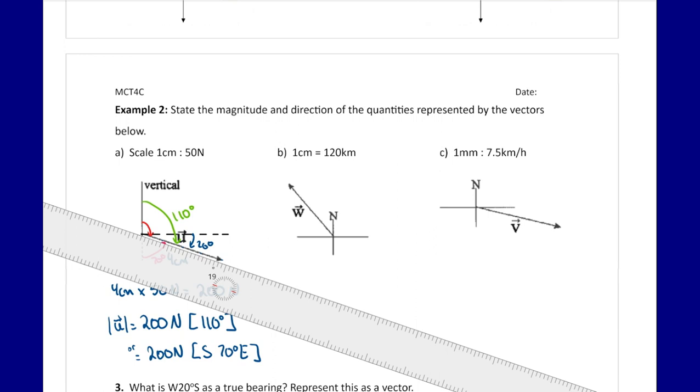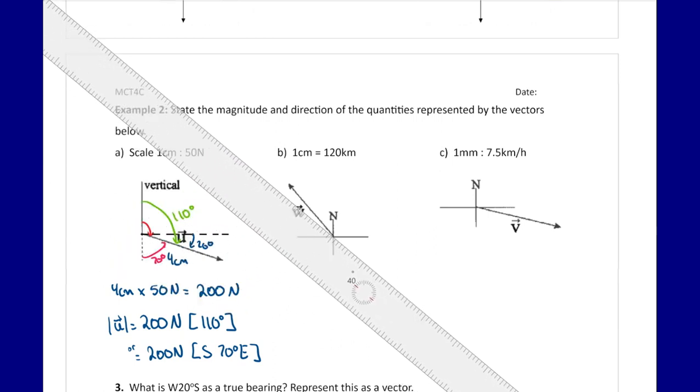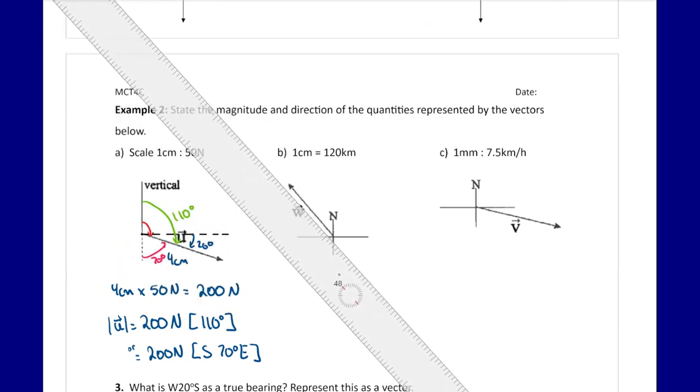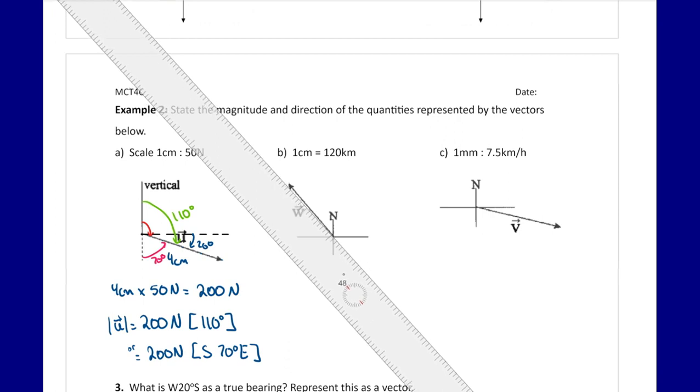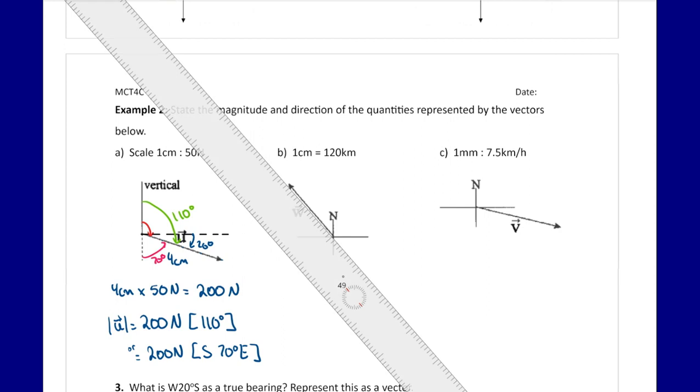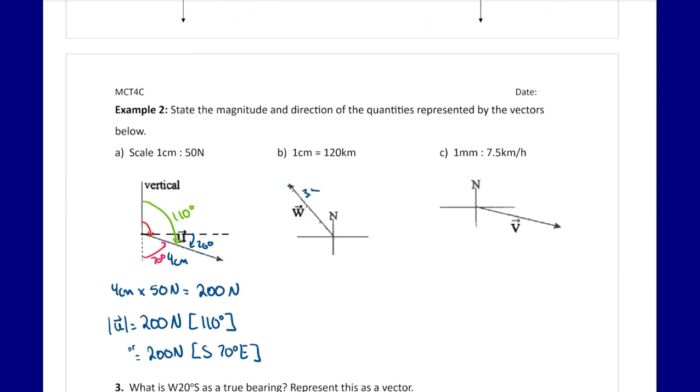For B, again, same idea. Let's get a measurement first. Again, we're going to approximate it based off of our ruler and what we're using for our markings. So we see it's about 1, 2, 3.5. So 3.5 centimeters. And I know that 1 centimeter is equal to 120. So I'm going to do 3.5 times 120. I get 420.